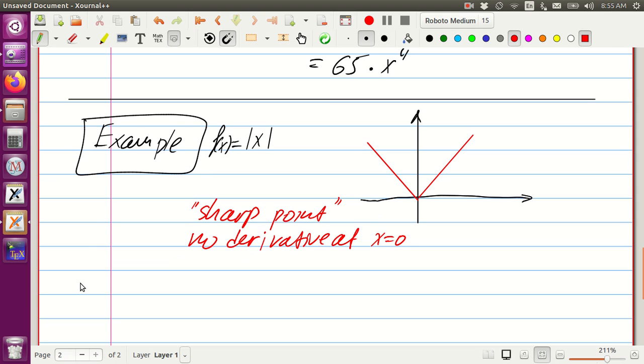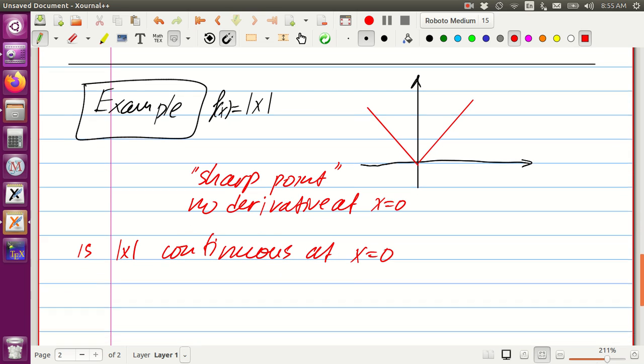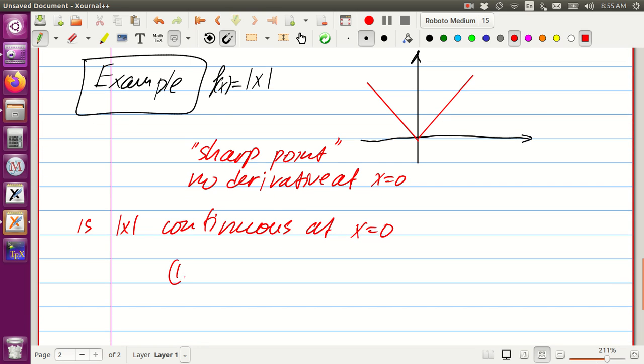Now the next question: is the absolute value of x continuous at x equal to 0? In order to show that it's continuous at 0, what do we want to show?